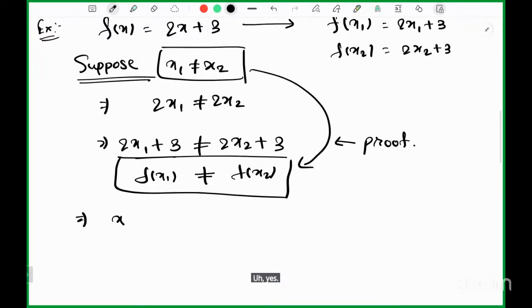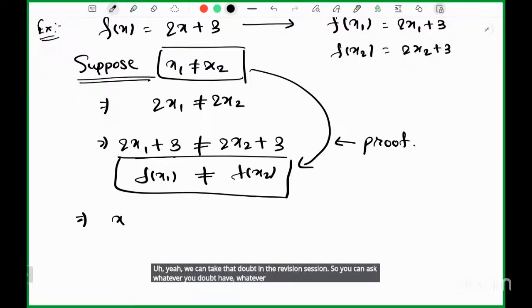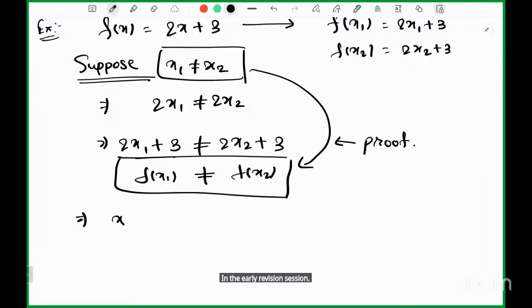Yes, Ronak, any doubt? No, ma'am, I have a doubt from week 1. Yeah, we can take that doubt in the revision session. So you can ask whatever doubts you have from week 1 to week 4 in the revision session. Yes, Raghavi. Sorry, your voice is not clear. 4.3 activity question number 3, ma'am.